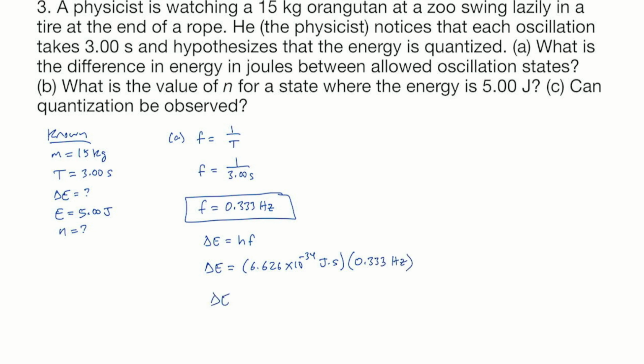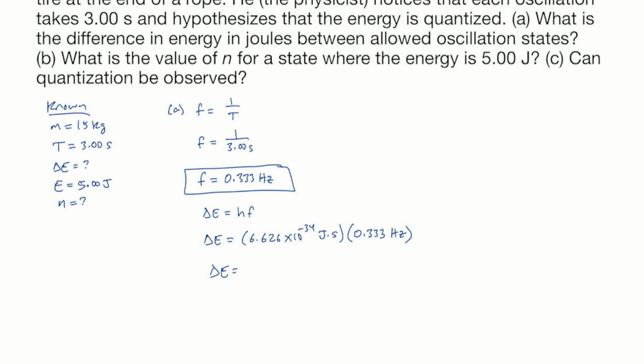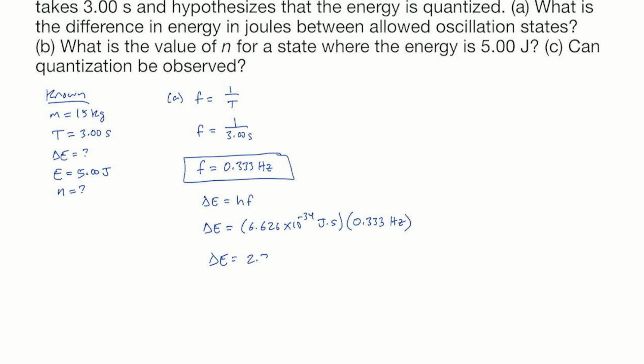This gives us a change in energy, a delta E of 2.21 times 10 to the minus 34 joules. Okay, that's what we needed to find.